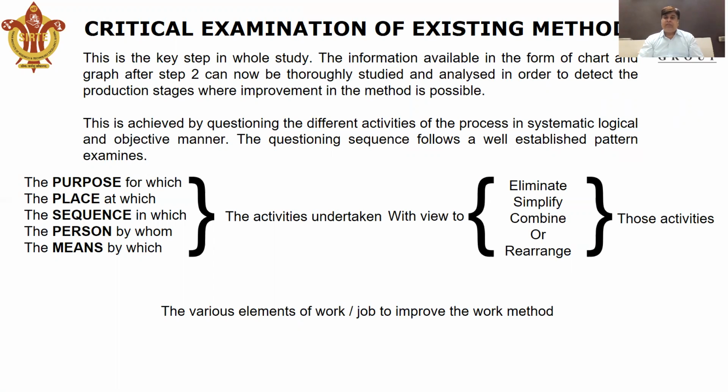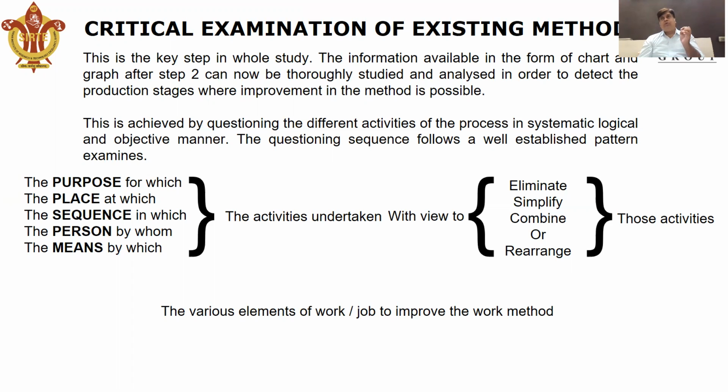The information available in the form of charts and graphs after step 2 can now be thoroughly studied and analyzed in order to detect the production stages where improvement in method is possible. In step 2, we have recorded the complete information about our method.